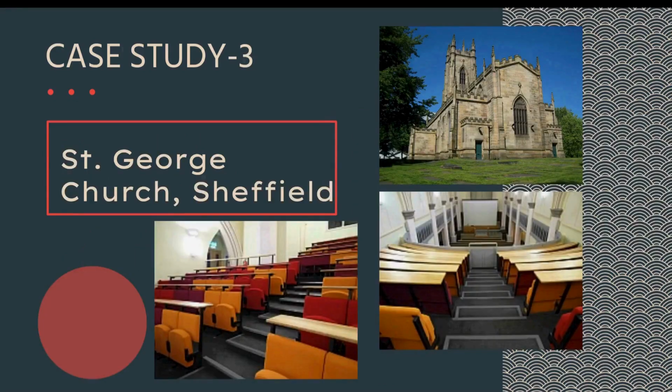Okay, the third case study will be St. George Church in Sheffield. Before, it was a church, but now St. George is one of our classrooms for engineering. The church is not being used anymore, as you can see from the slide, the image.